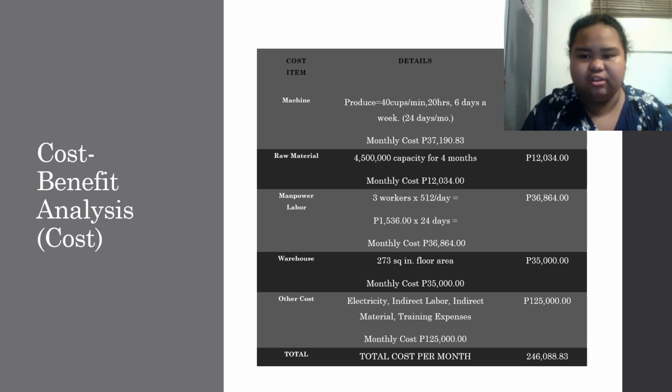Manpower labor is 864. Warehouse is 35,000, and other costs like electricity, indirect labor, indirect material, and training expenses will be 125,000, giving us the total cost per month, which is 246,088.83.